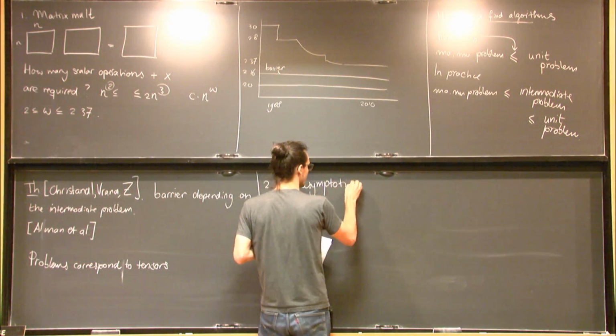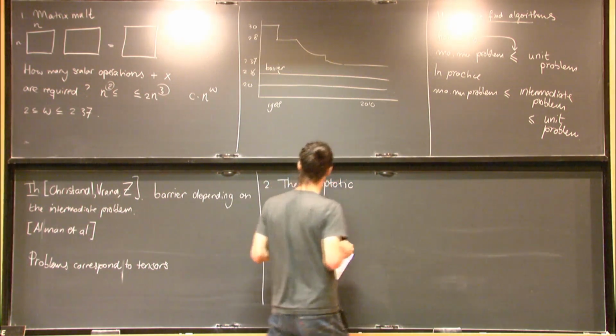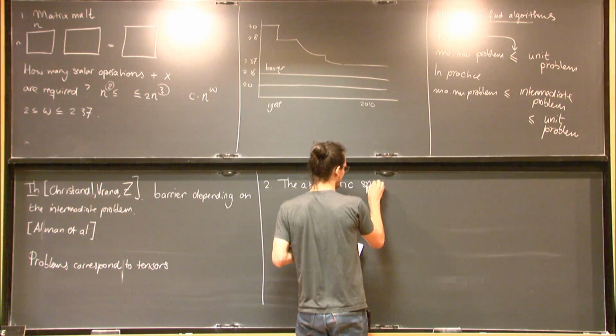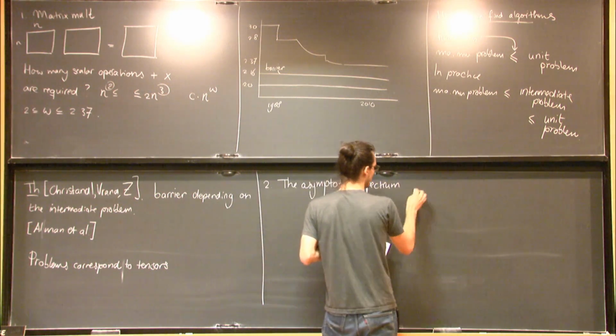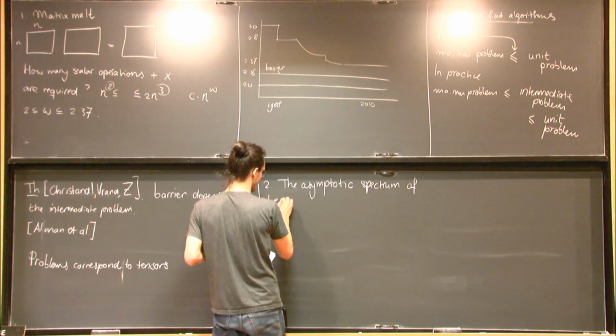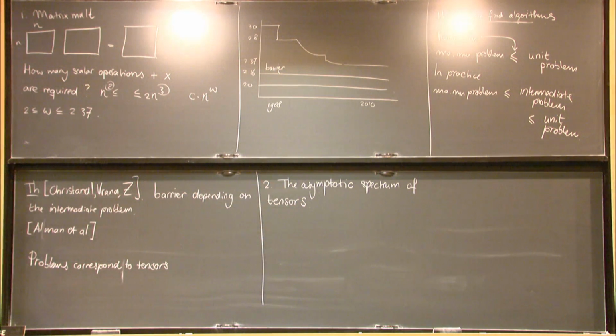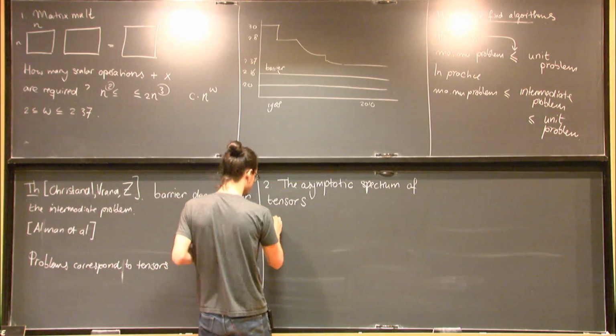And I want to talk about this asymptotic spectrum of tensors again. Recall what we did last time. So a tensor is a three-dimensional array, right?